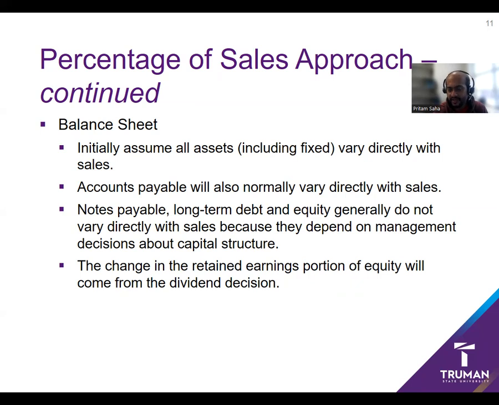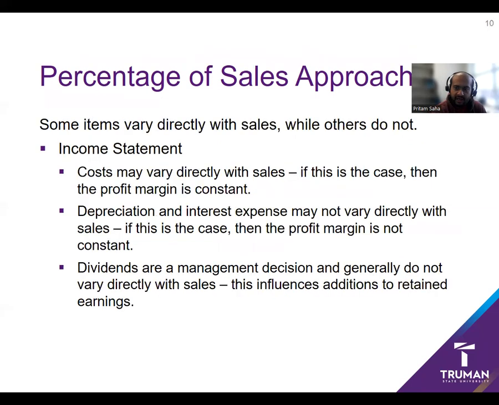And also, as we said, dividend is also a management decision. Retained earnings will be a management decision. It's not tied to sales. Quick recap. The assumption that everything will vary with sales is not correct always. Why? Cost of goods sold, accounts receivables, accounts payables, they vary with sales because they are directly tied to sales.